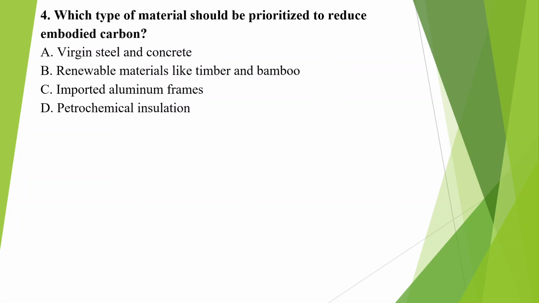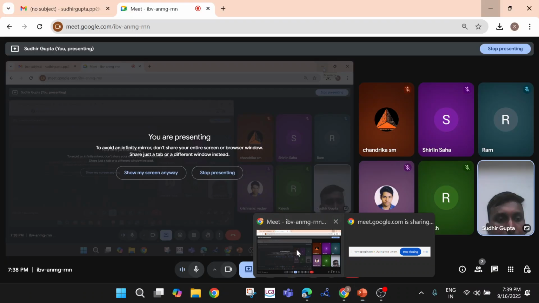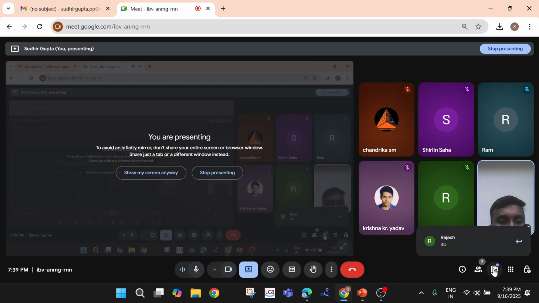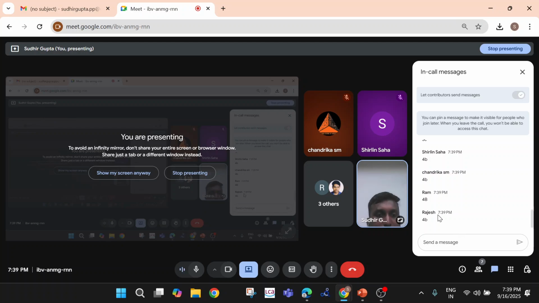So let's move to the fourth question then without any delay, and let's see who can answer the fourth question first. So I have received several answers for the fourth question also, and it's good to see that you are giving it very rapidly.